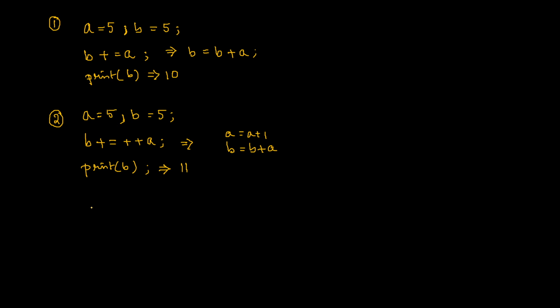But in the opposite situation, if you write b plus equal to a plus plus, then what does this statement mean? It means b equal to b plus a first, and then a will be incremented by 1.